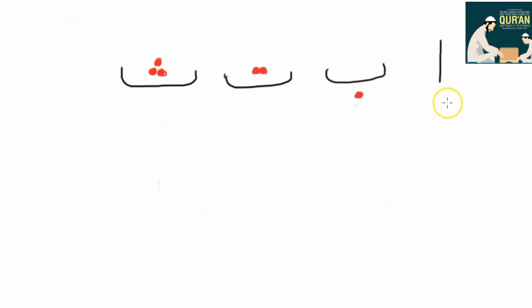So here we have the kasra, which is a short line underneath each letter. This small line, which is slightly diagonal going down below each letter. So whenever you get this line below any letter, the sound pronounced is a sound like this.